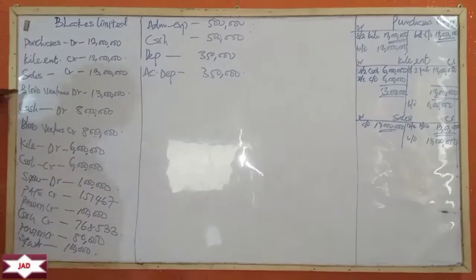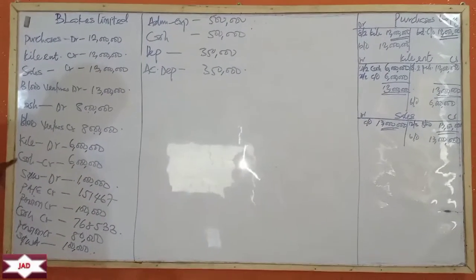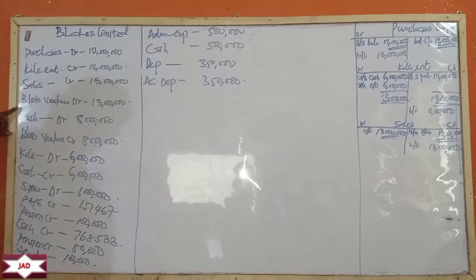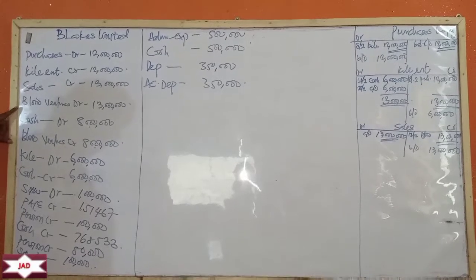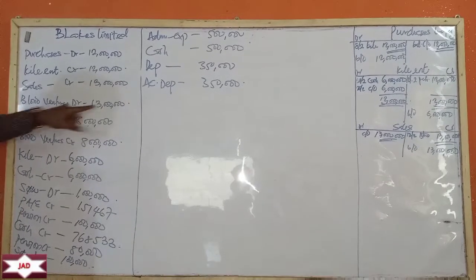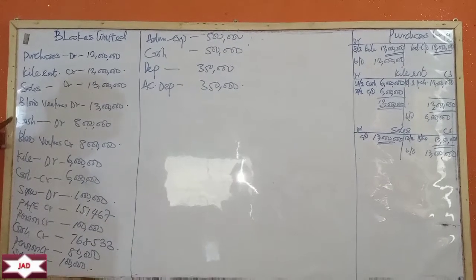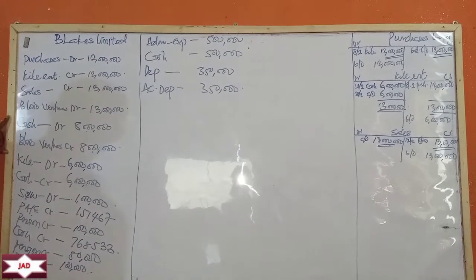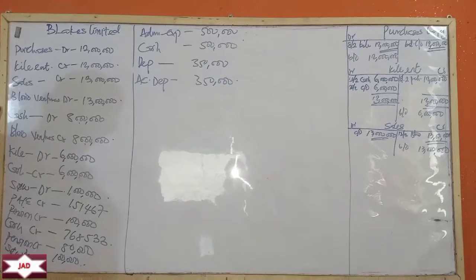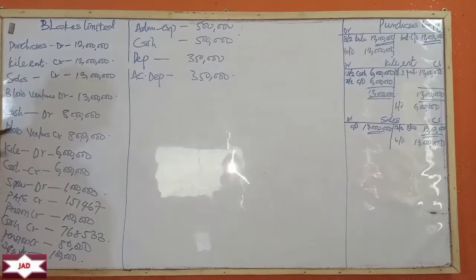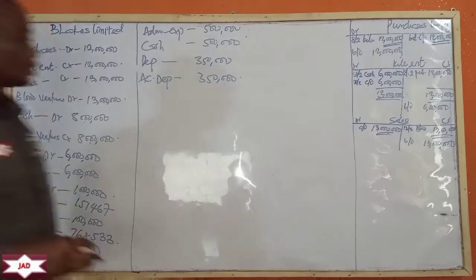So the next one here, Blonde. How many Blonde do you have here? We have Blonde here, debit. Okay. We have another Blonde here, credit. So let's open Blonde.